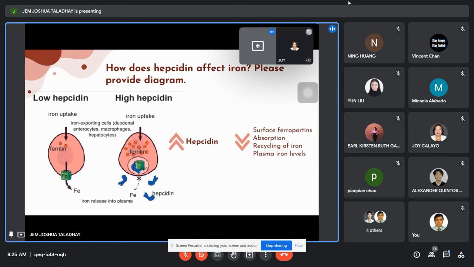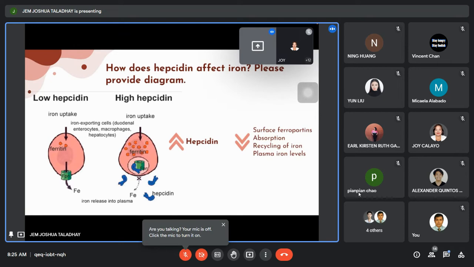Shown here is the ferroportin, the green cylindrically shaped icon. Ferroportins are transmembrane proteins usually found in macrophages and enterocytes, and it is a protein that transports iron from inside the cells outside into the blood plasma.